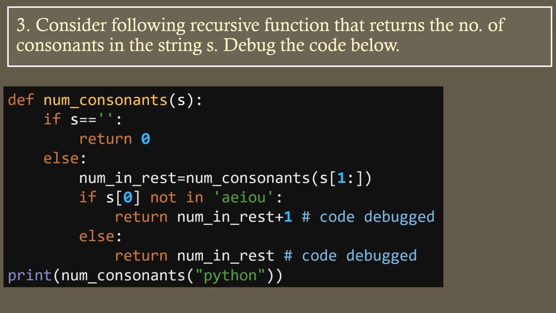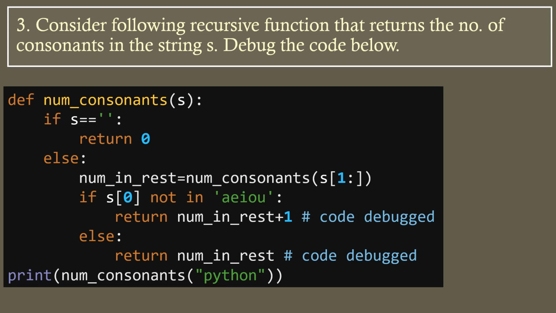Okay, now if s[0] not in 'aeiou', that means the first character of this string is a consonant, then it has to return num_in_rest plus 1. That means we are counting the number of consonants. Else, that means if it is a vowel, then it has to simply return num_in_rest.